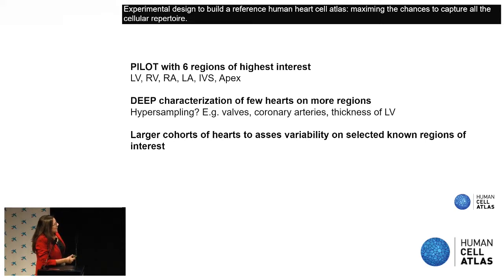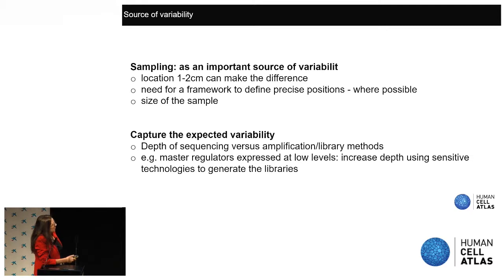We all agree that the next phase should be hypersampling, which means reducing the number of donors, focusing on a few, and really trying to sample many different regions. At that point, we should have a good idea of where the variability stays, and then move on to a larger cohort to assess even more the variability on selected regions of interest.